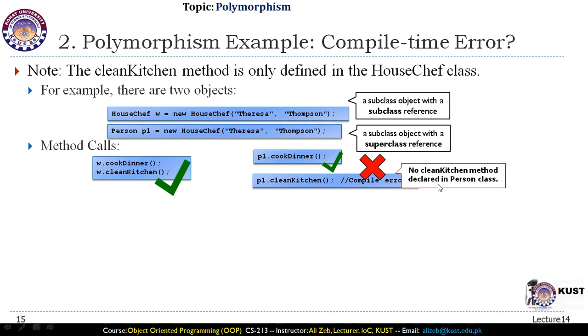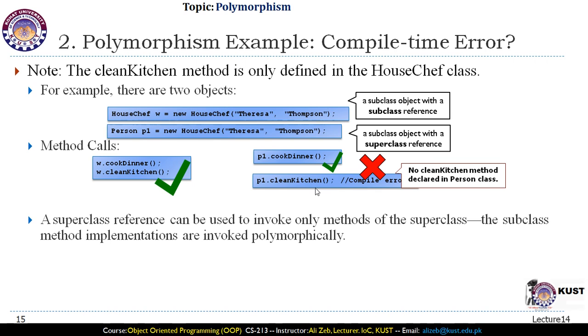If we were to call this method using this subclass object with a reference to the Person class, we would need to define this method in the Person class and override it. But that is not currently the case, and Java will not allow us to do this.